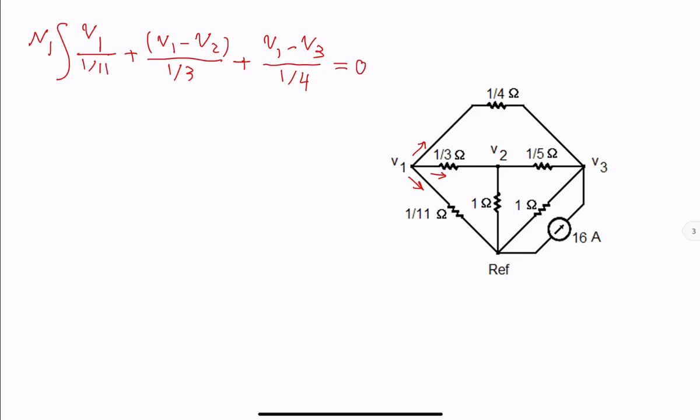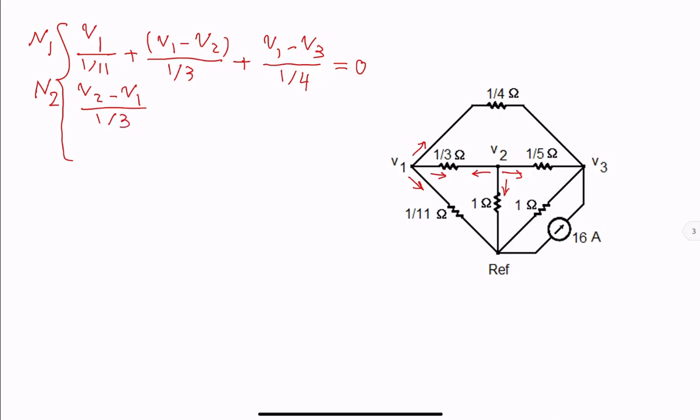For node 2, look at the three currents. Go around, make sure we don't skip any branches. So we have V2 minus V1 over 1/3.